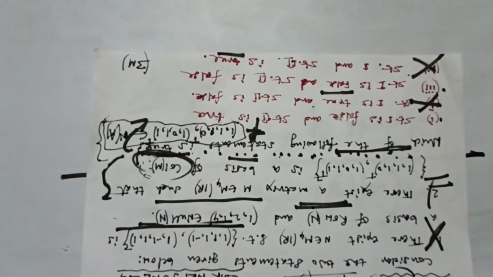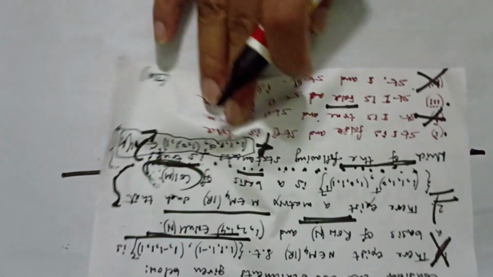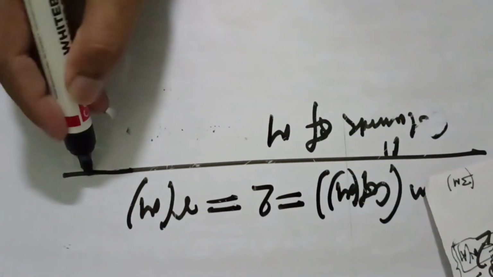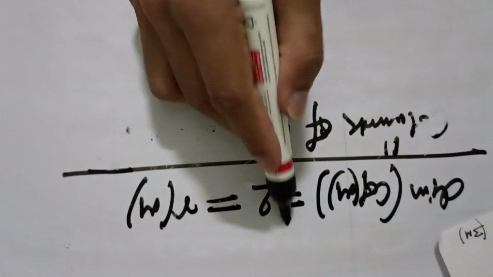So tell me, are these two vectors linearly independent? I have observed that the rank is 2.